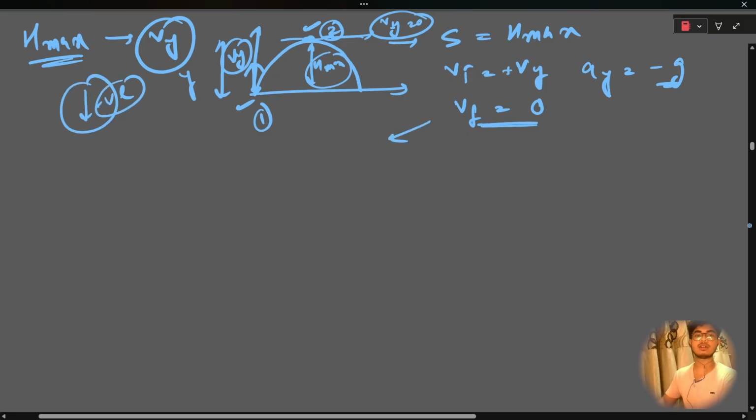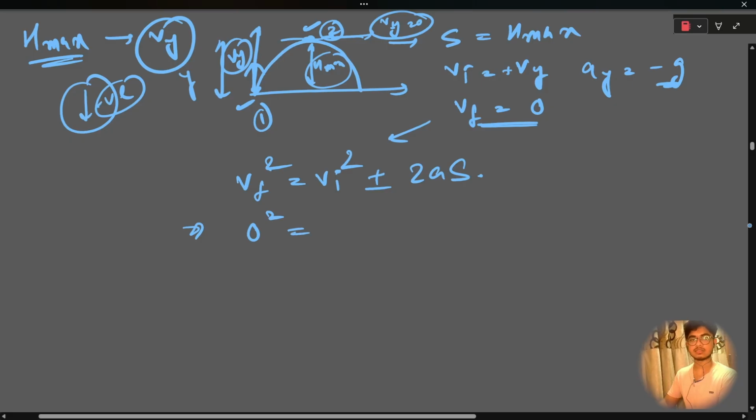So if you put it in the third equation of motion, that is the final velocity square equal to initial velocity square plus minus 2as, we can write this as 0 square, because the final velocity is 0. The initial velocity is Vy square, now plus 2 into minus g into h max.